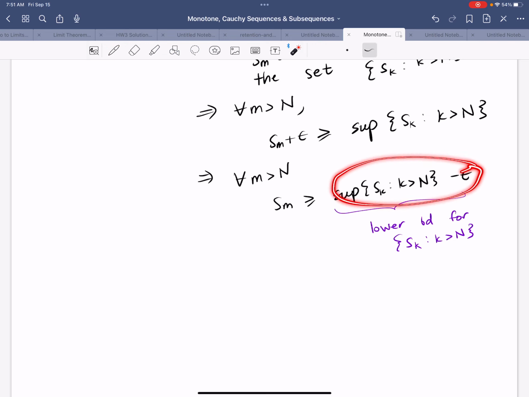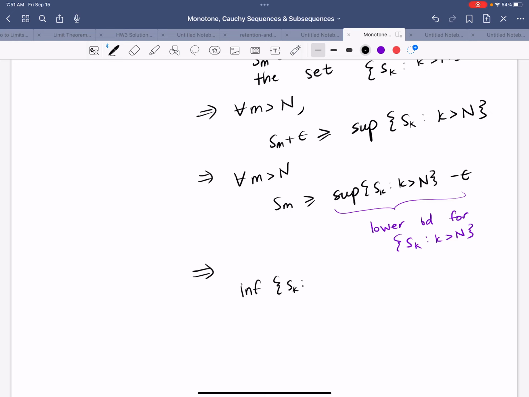Because this number is less than or equal to all of the terms past n. So it's a lower bound. The greatest lower bound is the inf. This is a lower bound, so it has to be less than or equal to the inf. The inf of the set of Sk, such that k is bigger than n, is bigger than or equal to this lower bound.